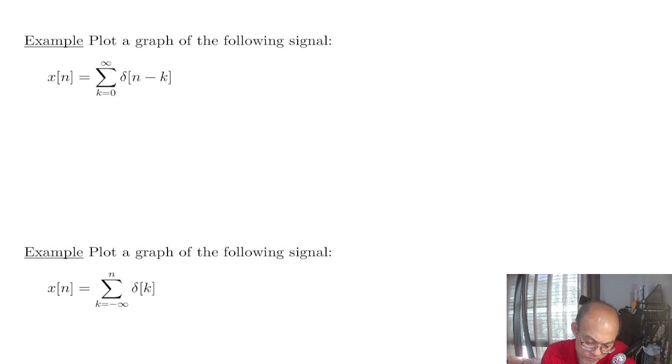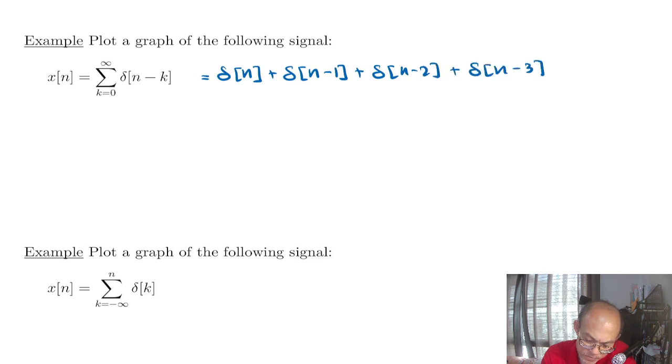Okay, this is equal to delta n plus delta n minus 1 plus delta n minus 2 plus delta n minus 3 and so on.